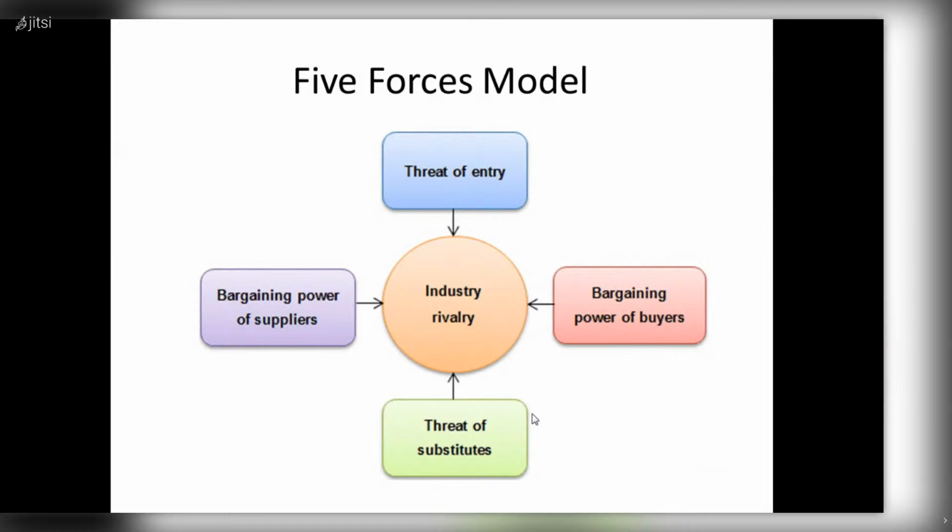Let me take the first force, threat of new entrants. This particular force determines how easy it is to enter a particular industry, or vice versa, how difficult it is to enter.